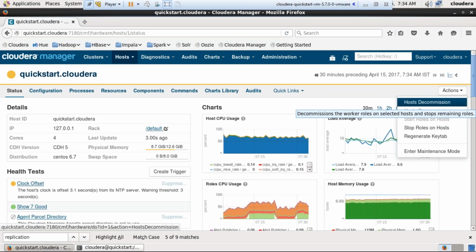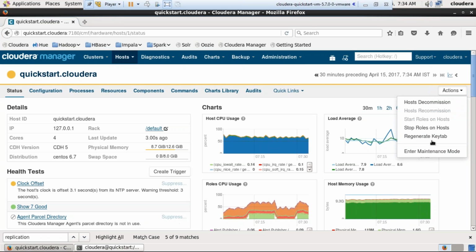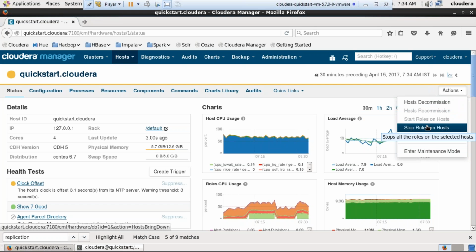You can make this get decommissioned, and after you decommission, you can take it out of your cluster. You can remove it from the cluster after it has been decommissioned. You can stop whatever roles you want on this host. All will be in your control once you bring that host into your cluster. And that can be taken out from your cluster after you decommission it. You can take out that node.